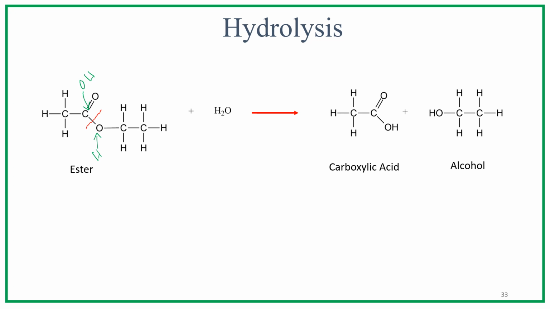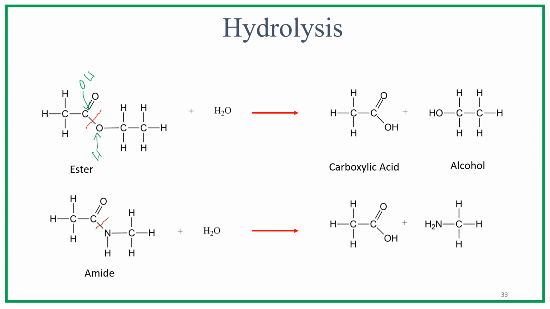And similarly, amide can hydrolyze through this carbon nitrogen bond, and they can form carboxylic acid and amine. These are the examples of hydrolysis. So there are several types of hydrolysis reactions in organic chemistry. We can learn those reactions in next lessons.